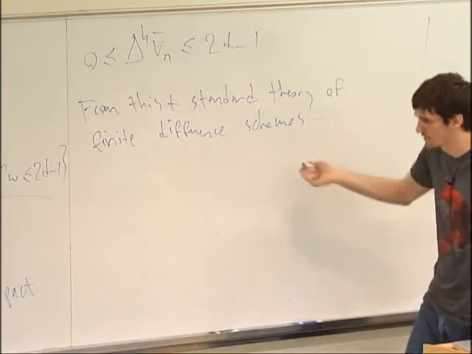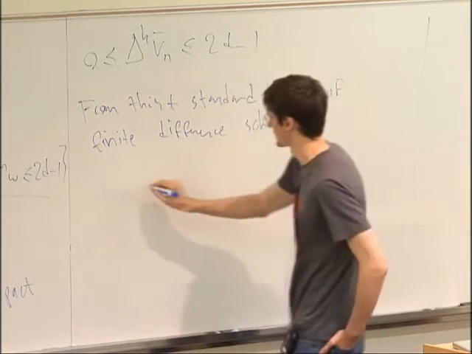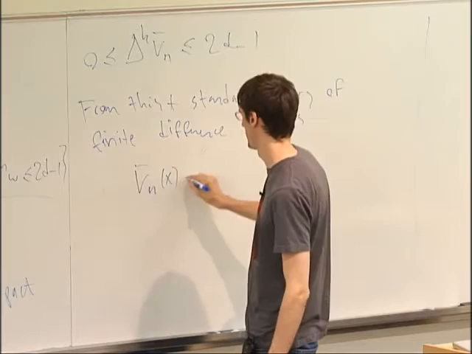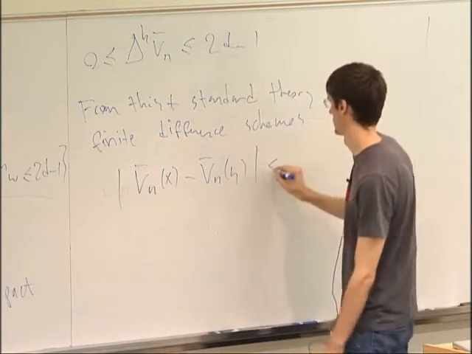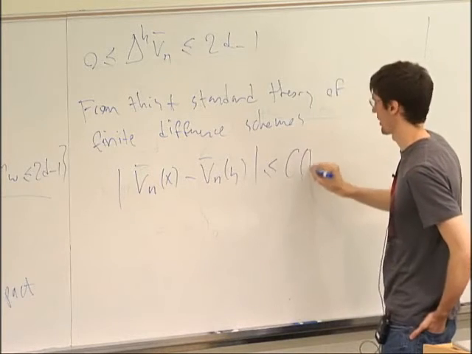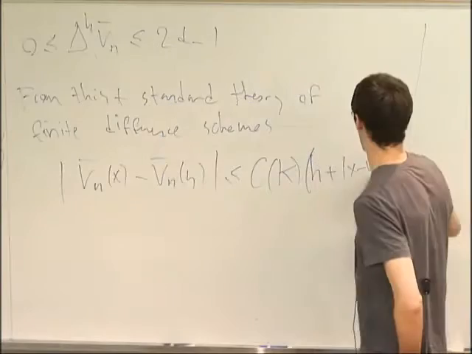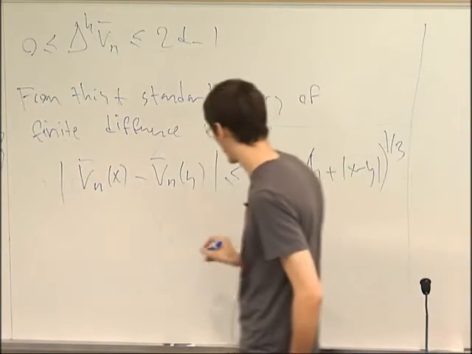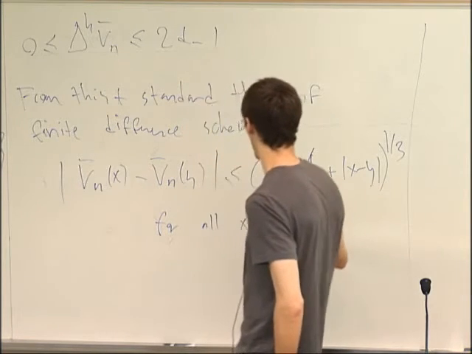One thing you can prove, for example, is that if you pick this compact set K, then you have something like this. You get some kind of Holder continuity. So, for example, it's easy to prove this with 1/3 for the Laplacian. This is for all x, y, and k.